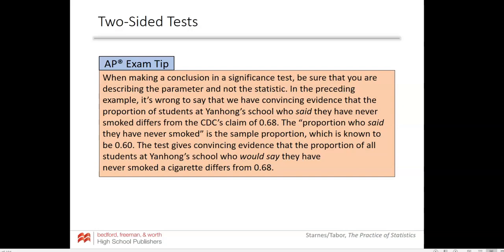The proportion who said that is actually the sample proportion. You should say it, the proportion of students who would say they have never smoked. That's a proper way to describe the population there. So, wow, the wording of that is very, very close, but I think you might understand that maybe even better than I do here.